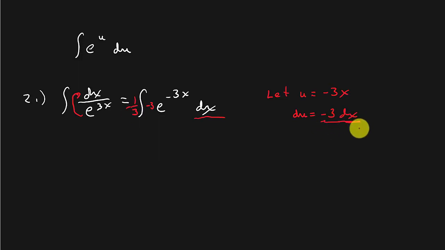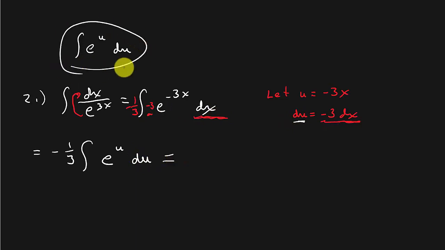And now the negative 3 dx, see the negative 3 dx, that can be replaced with du. So I've got e, negative 3x, that's u. And then the negative 3 dx, that's du. And so now you can see I've got it in this form.